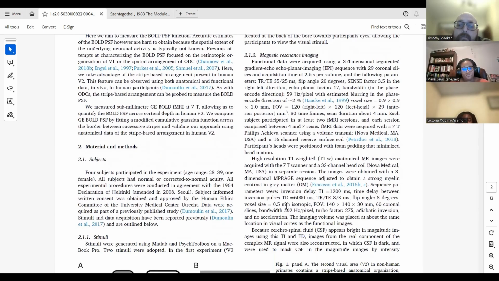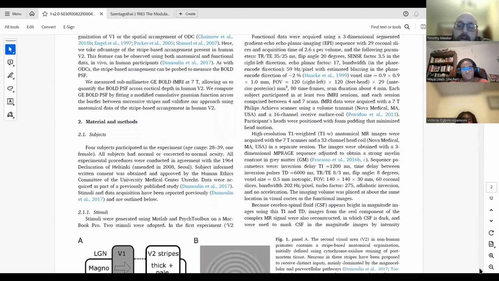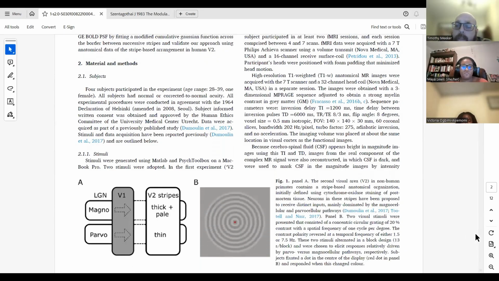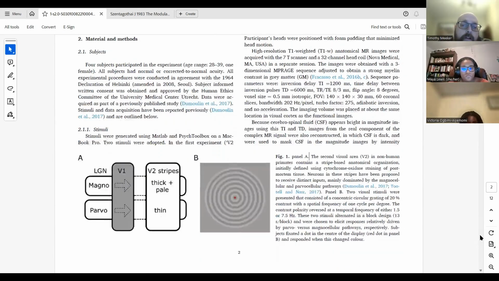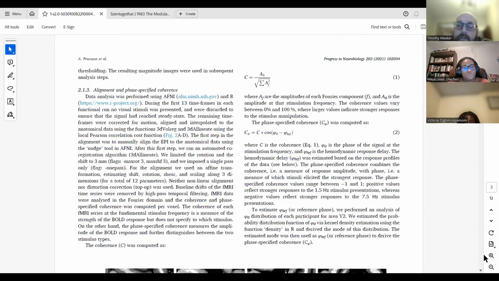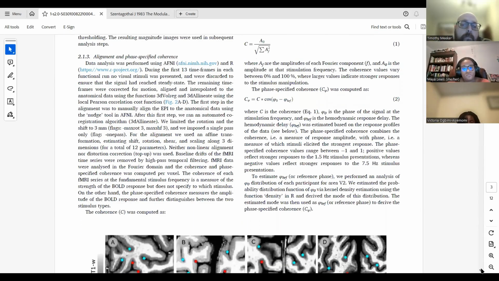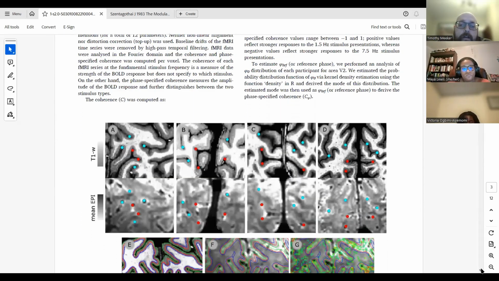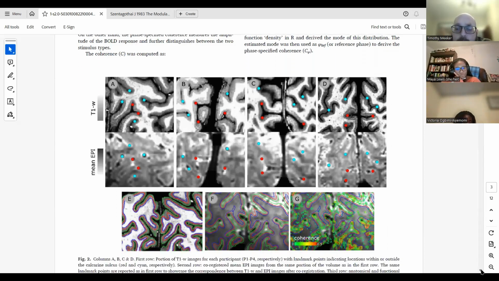So they're 0.5 millimeter isotropic. So we're looking at 500 micron isotropic. So it's pretty high resolution. It's not down to the cortical column, which will be 300 microns in diameter, and then like a millimeter thick. But you can see that they're doing pretty good. This is a pretty high resolution image.